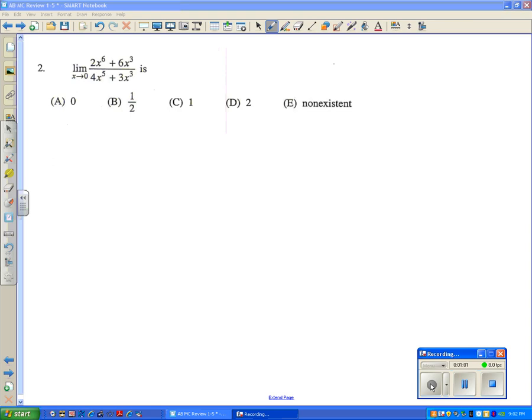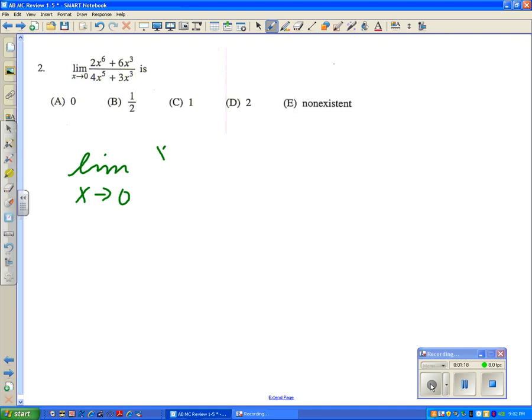Number 2, a couple methods suggest themselves, L'Hopital being one of them, but probably not the most efficient. The most efficient would be to spot the fact that there is an x cubed that can be factored out of the numerator and denominator. So if I take an x cubed out of the numerator, what's left behind is a 2x cubed plus 6.